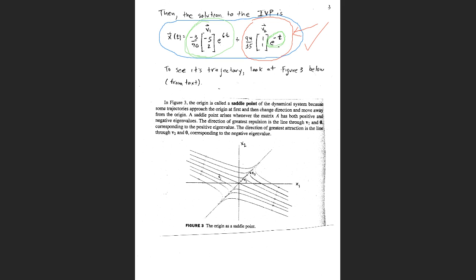I also have them highlighted in our solution. Tell me what v1 and v2 are again. Eigenvectors. So they've drawn the eigenvectors. Good, Robin. They've drawn them on the diagram.